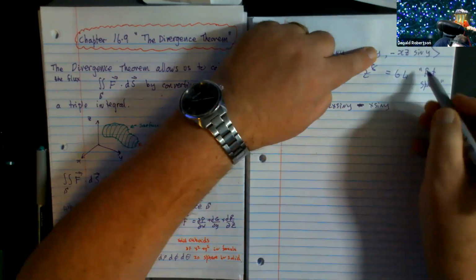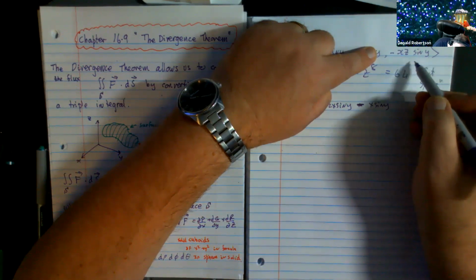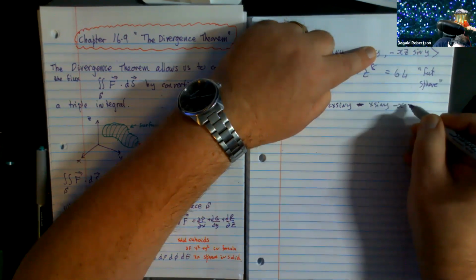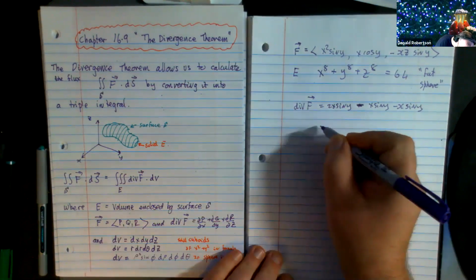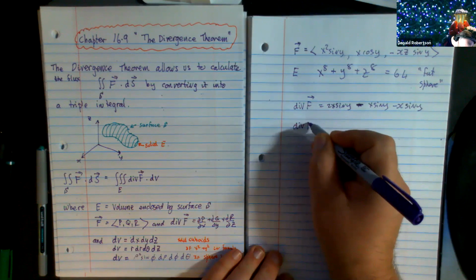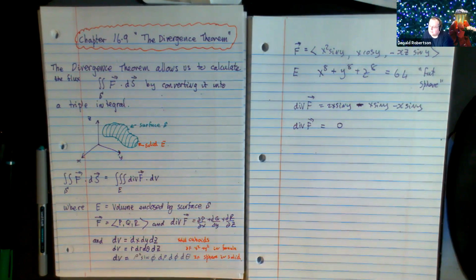And then you differentiate this guy with respect to z, and you get this guy. Wait a minute. Isn't that 0? Agreed?